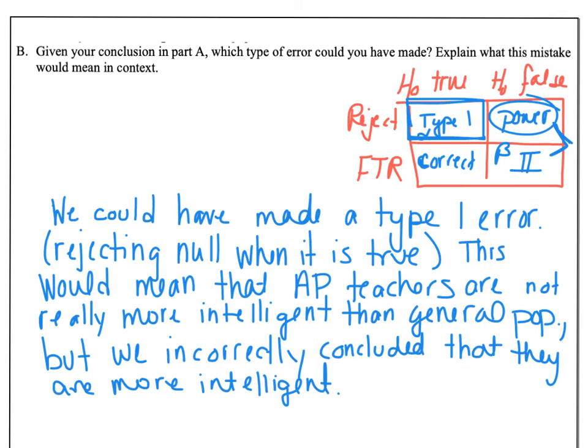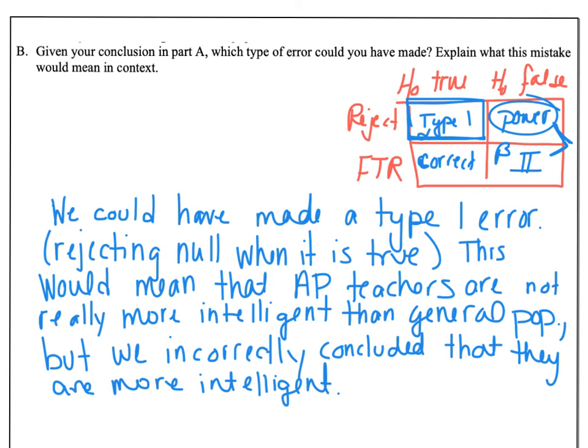Think about how this could have actually happened. It's not that we made a mathematical error in our calculations. It would be that our sample is rare, but it happens by just variation. So we have no way of knowing that we made this type 1 error, but it could have occurred.